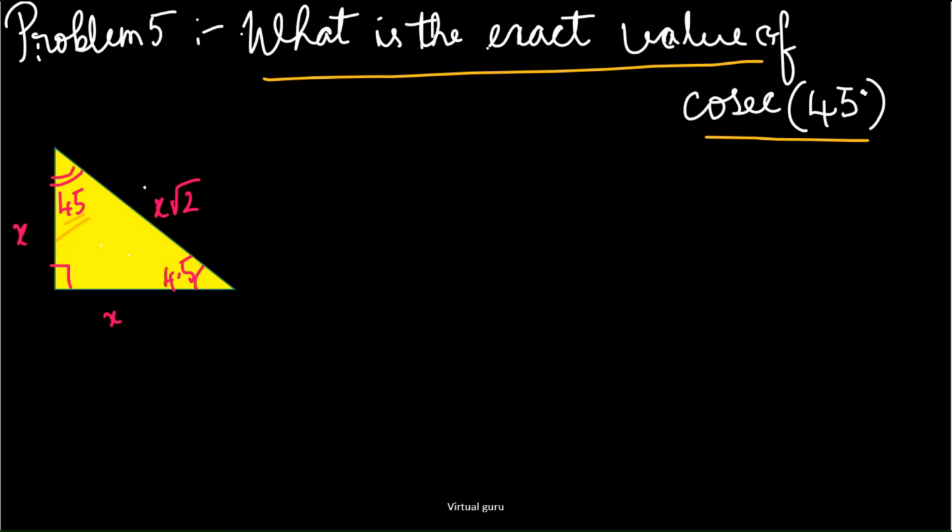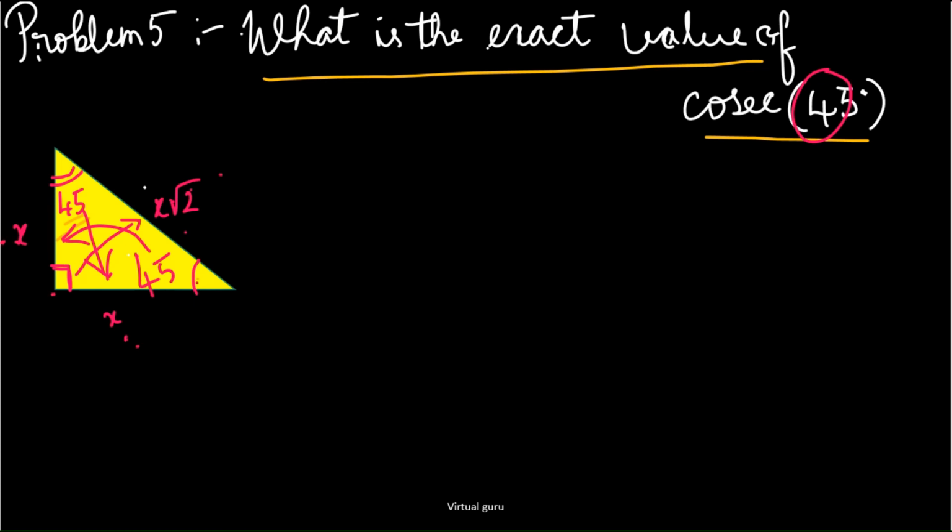So 45, 45, 90 is the special angle set I am going to take, because we have to find cosec of 45. In this triangle I have already derived earlier that the side opposite to 45 will be x, and opposite to 90 degree will be x root 2. In this type of triangle, this will always hold good.